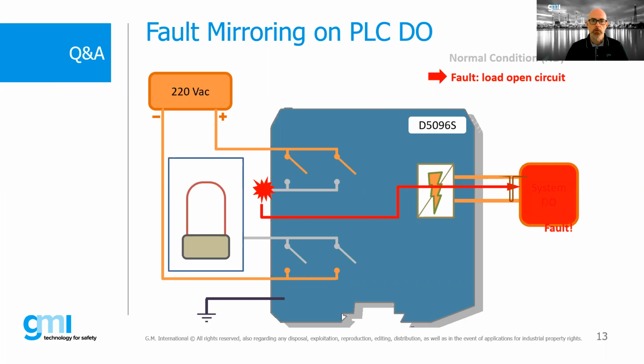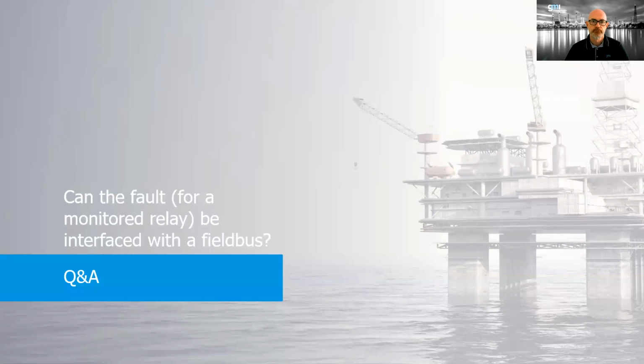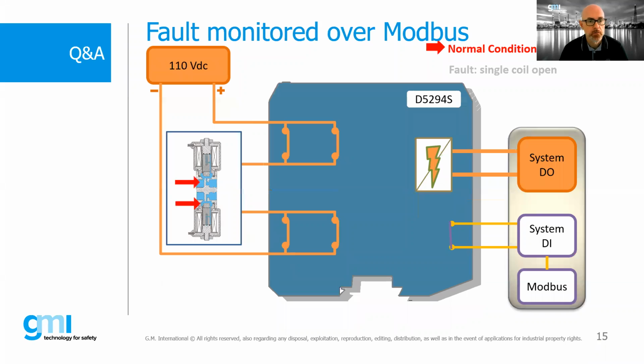Well, another question: can the fault be interfaced with fieldbus? Well, there are particular safety relay models called smart relays, which can provide complete diagnostic information through the Modbus multi-drop RS485 protocol, if a Modbus master is available on the system side.